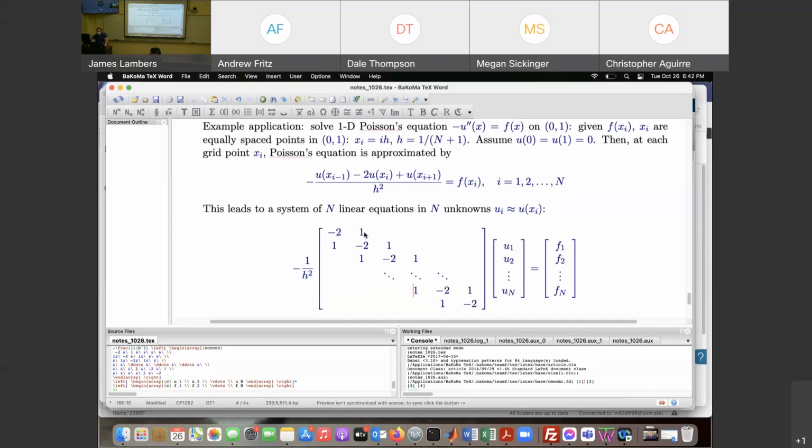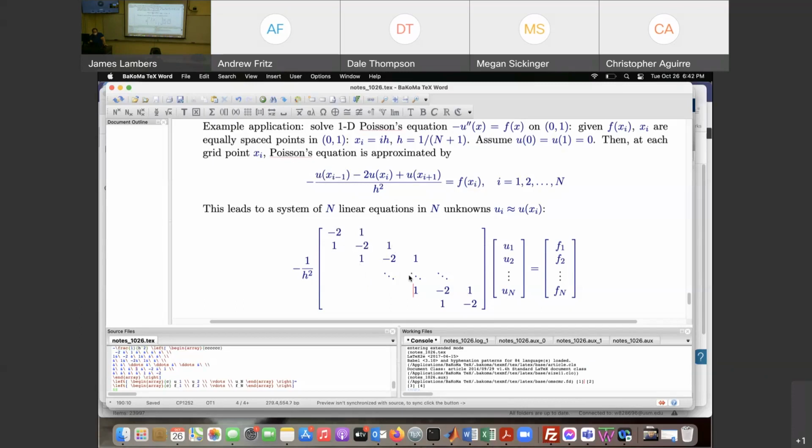So the coefficients come directly from the coefficients of the finite difference formula. Because I'm approximating u double prime at x_i, the value of u at x_i is multiplied by minus 2. That's why these are on the diagonal. Here, this is the point directly to the right, so these 1's go directly to the right. Here I have a coefficient of 1 for a point directly to the left, so these 1's go directly to the left. This is called a differentiation matrix.